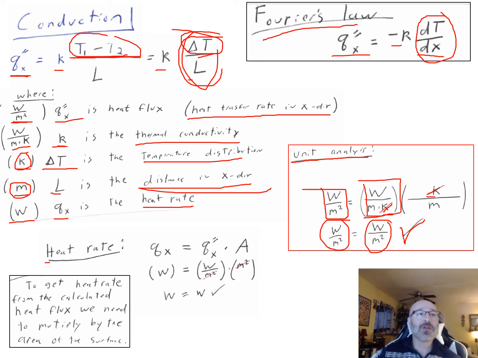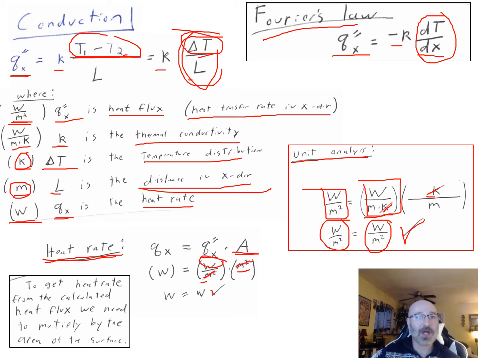Another side note down here, if we're talking about heat rate, our Qx value right here is in units of watts. We can double check that. We can see, okay, if I take my heat flux value right here, my qx double prime, times my area, where area has units of meters squared, and our heat flux, we can see up here, is in watts per meter squared, our meters squared are going to cancel with our meters squared right there, just leaving us with a value of watts.